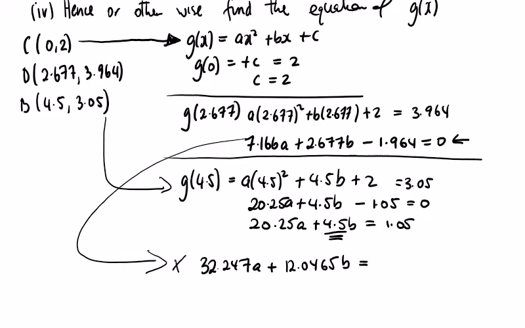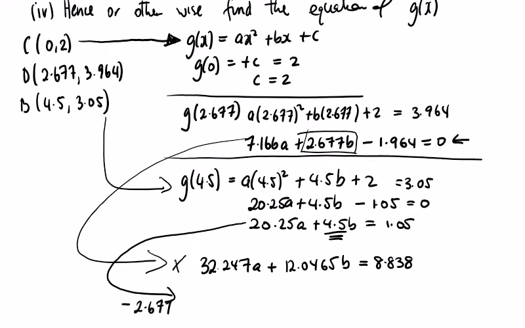And that will be equal to 1.964 by 4.5, which is 8.838. And then multiplying this one by this coefficient will give me the same amount of b's, and then we can cancel them off. So I'm going to multiply this one by minus 2.677. We get the following.